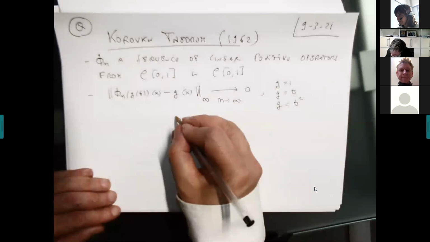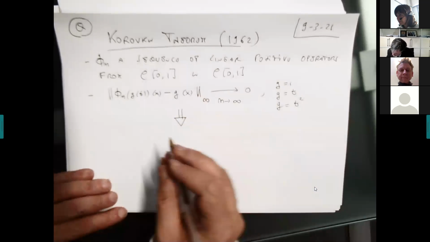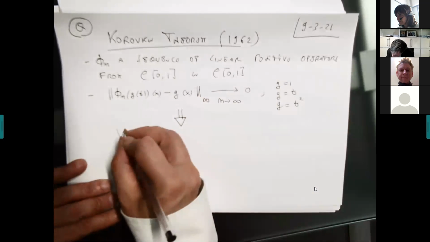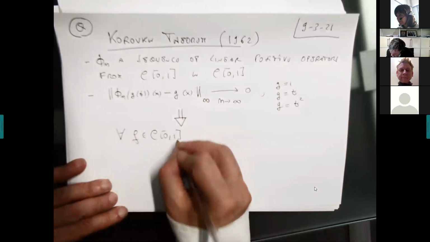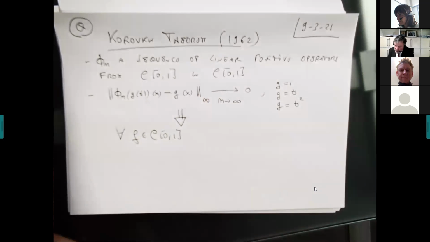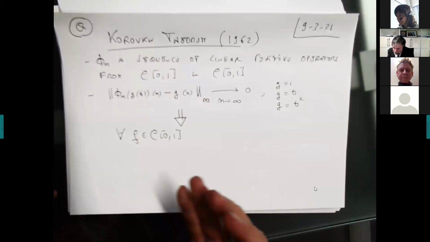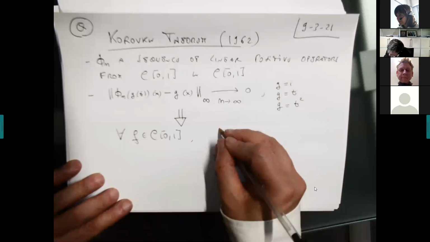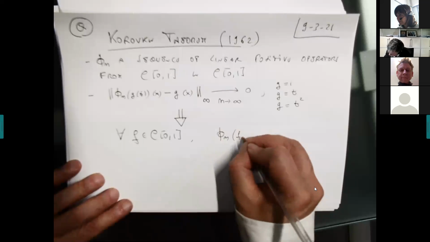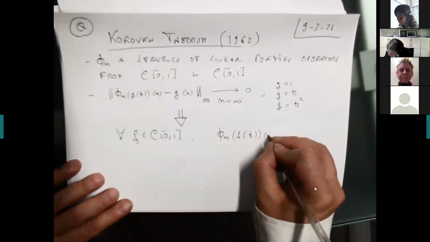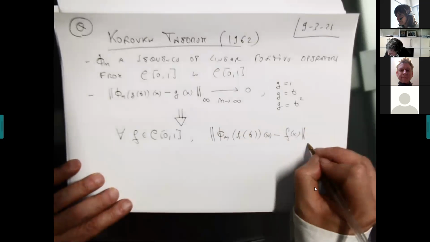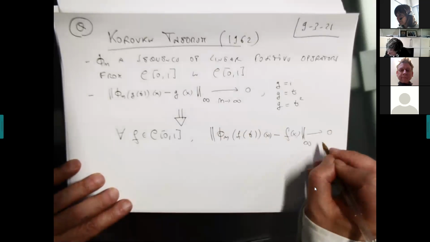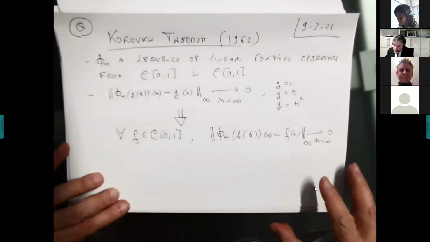Okay? If this is true, then for any f belonging to the continuous functions in 0, 1, which could also be nowhere differentiable, so a general continuous function, you have that the infinity norm of phi n of f of t in x minus f of x tends to 0 as n tends to infinity.